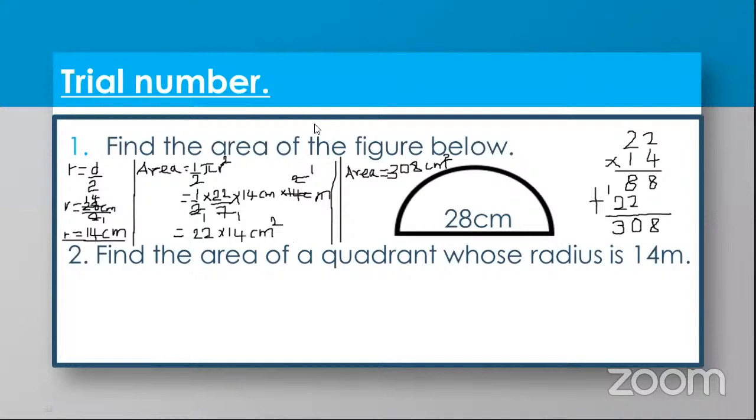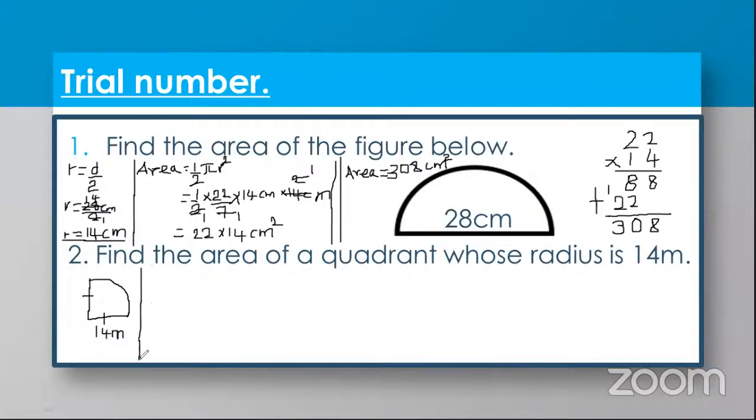Find the area of a quadrant whose radius is 14 meters. Let me try to draw for you that quadrant. Okay, I've drawn the quadrant here, and they are saying the radius is 14 meters. So how are you going to get it?